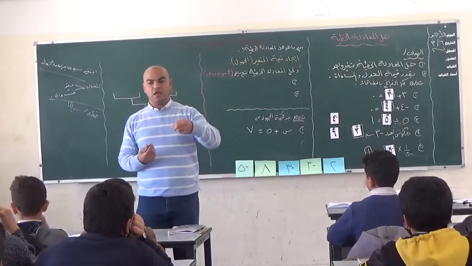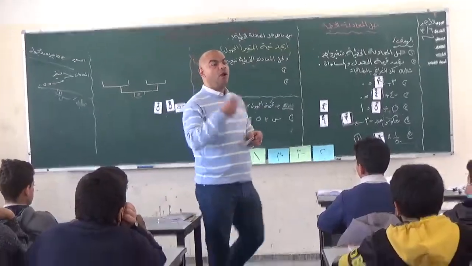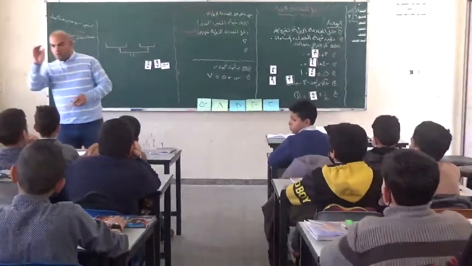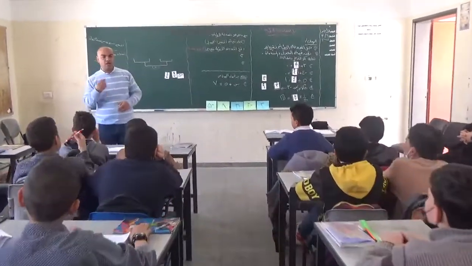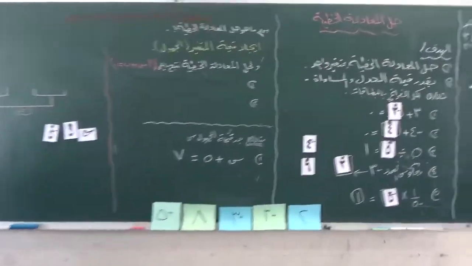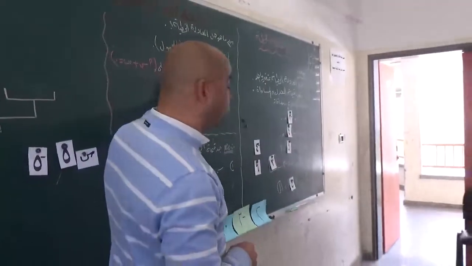A number added to 2 and the result was 7. So what is this number? Student answers 5. Teacher: perfect. By thinking of using the way we know, the solution of the equation, but we want to increase the size of the equation a little bit.